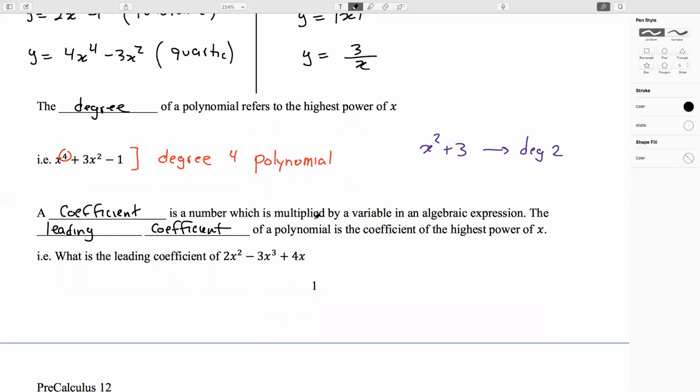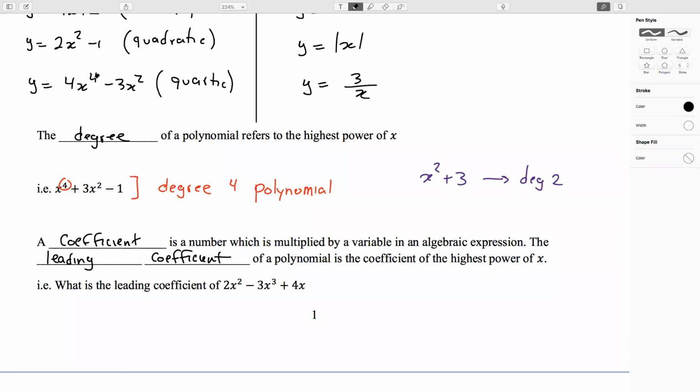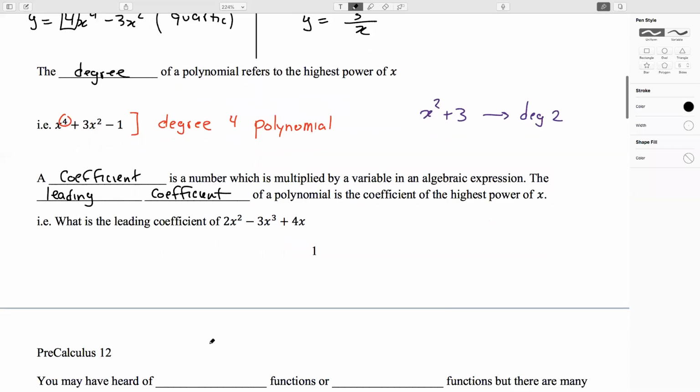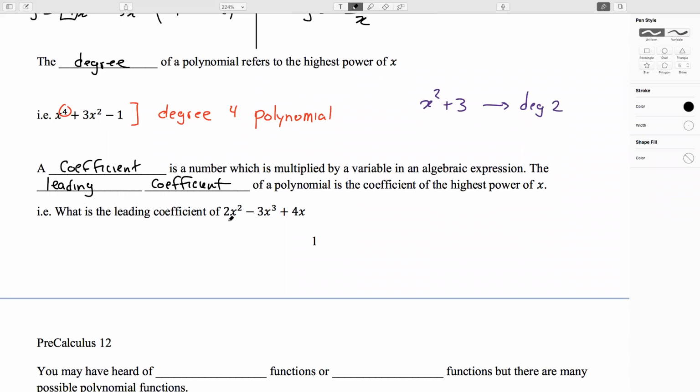So for example, if we go up here, 4x to the power 4, 4 is your leading coefficient. In this case, we need to look for our highest power of x, and it's not always the first term. For this question, our highest power of x is right here. So for this question, our leading coefficient is minus 3.